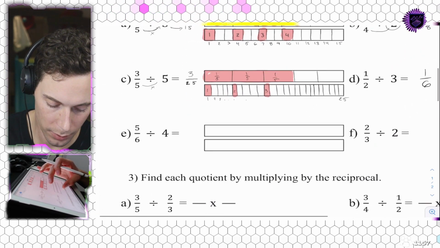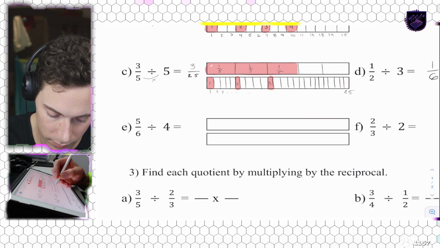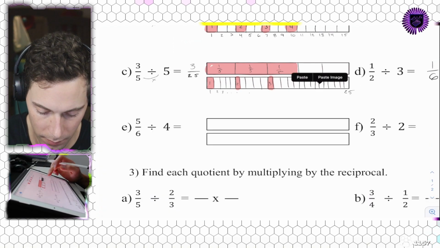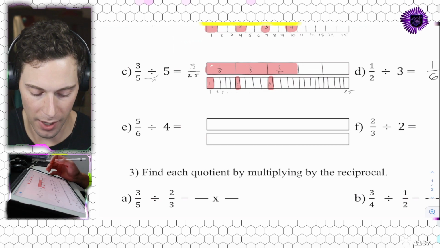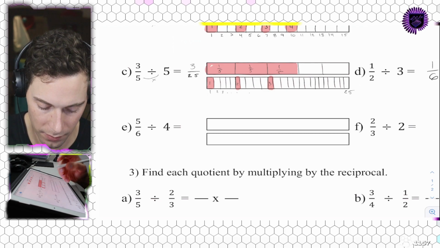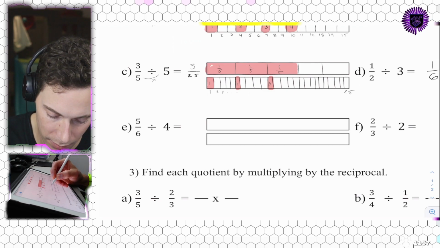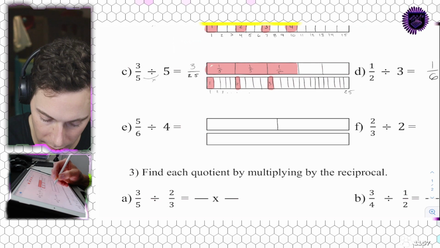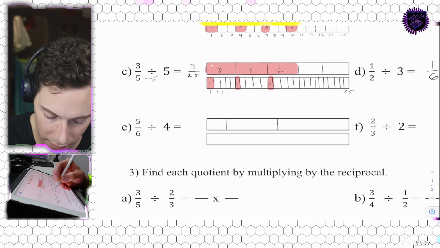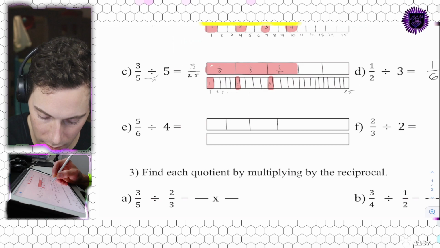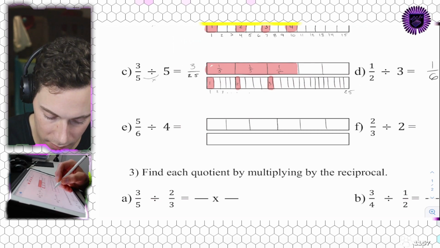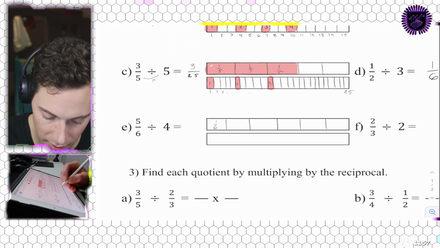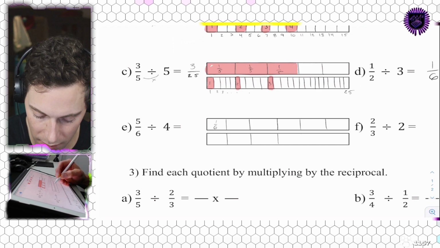Okay. So we're going to have 4 of our 5/6. So we have to break this up into 6. So let's break it in half. And then each of our half is going to get a third. And that should be 6, right? 1, 2, 3, 4, 5, 6. Each of these is 1/6. Let's draw our 6ths down here.